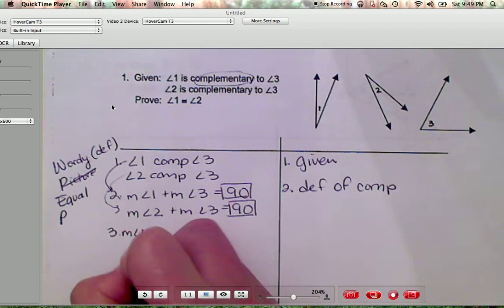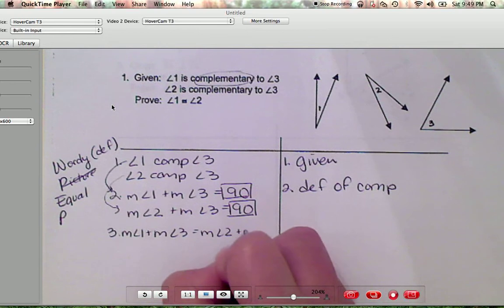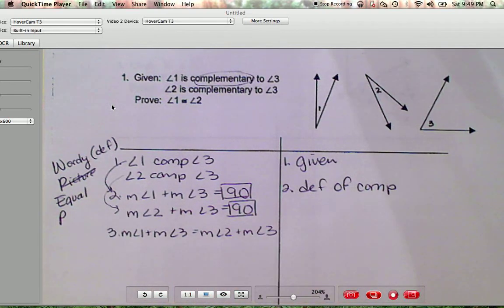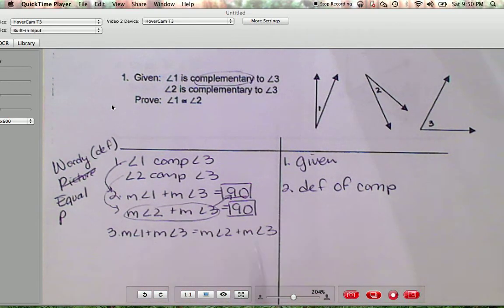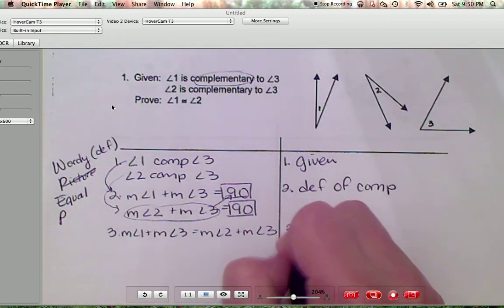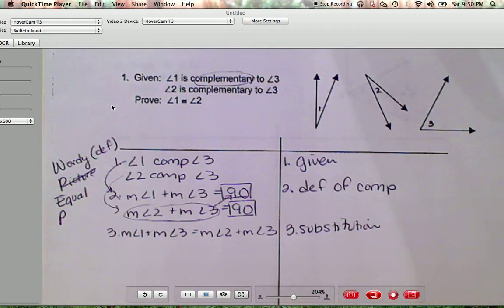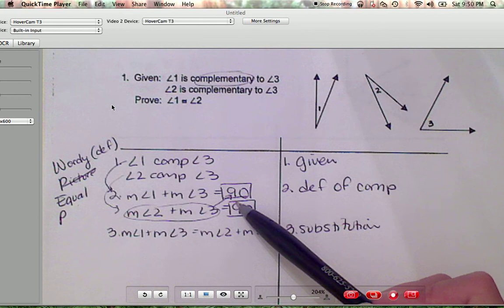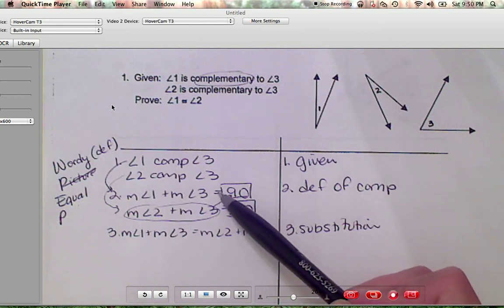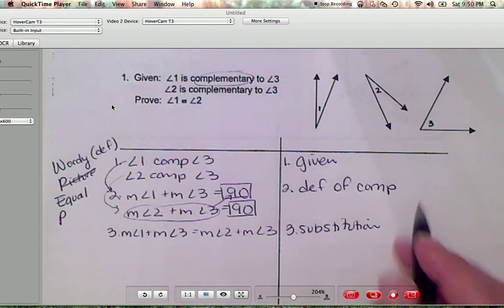Measure of angle 1 plus the measure of angle 3 equals the measure of angle 2 plus the measure of angle 3. So basically what we're doing is taking this 2 plus 3 and putting it in place of that 90. So when we put that in place of that one, that would be substitution. Or anytime you find 2 things that are equal to the same thing and you throw out the common link, if it's equality, then that'll be substitution. If it's congruence, then it would be transitive.